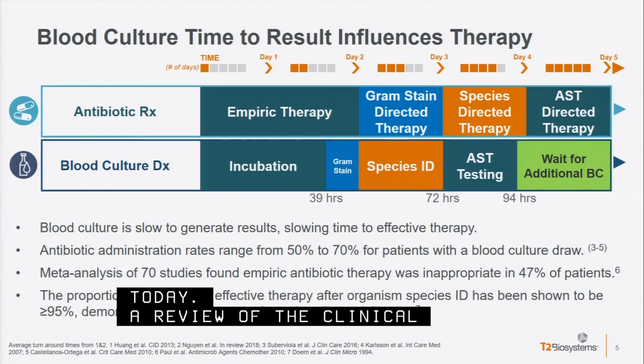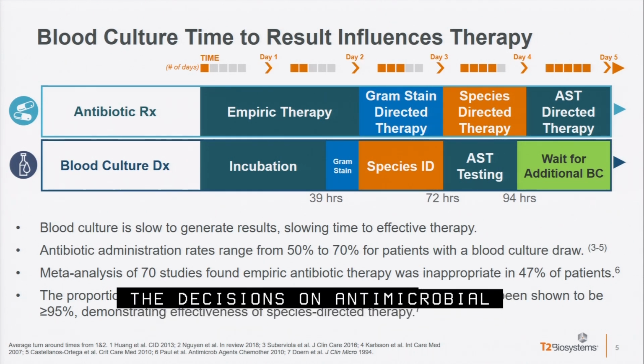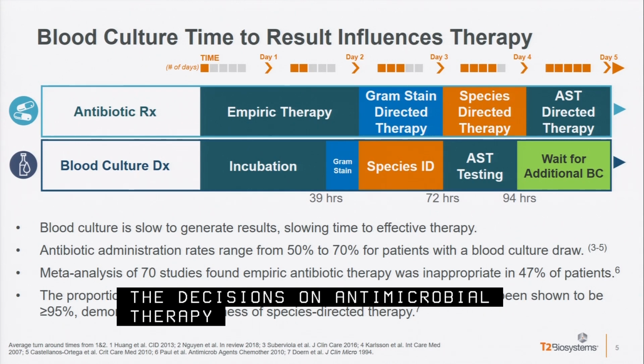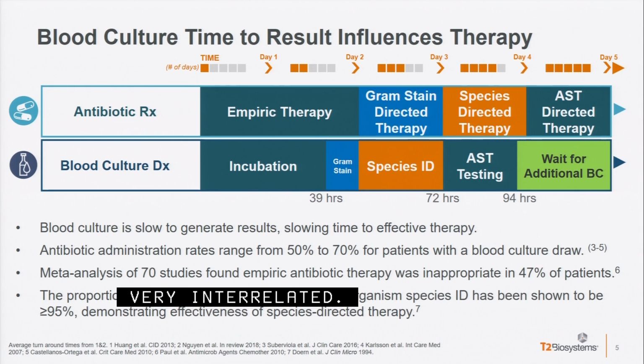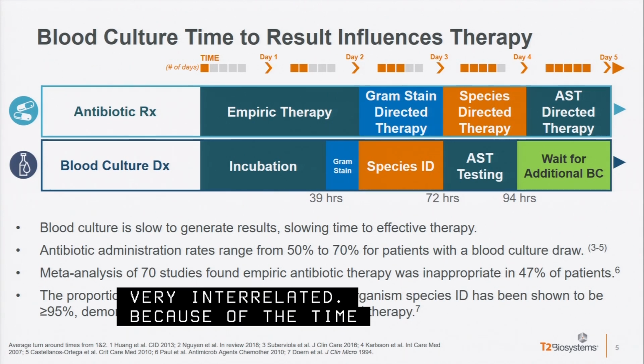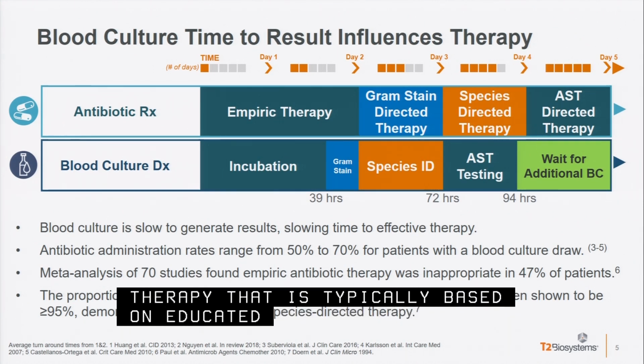Today, the decisions on antimicrobial therapy and the bloodstream infection diagnostic process are very interrelated. Because of the time delay it takes to get a positive blood culture, patients are subjected to empiric therapy. And empiric therapy is typically based on an educated guess of what the epidemiology of the hospital is, the type of patient condition, and the patient's history of infection.